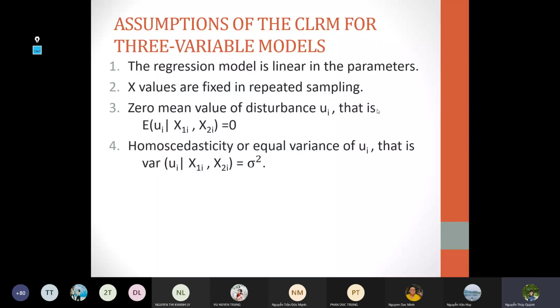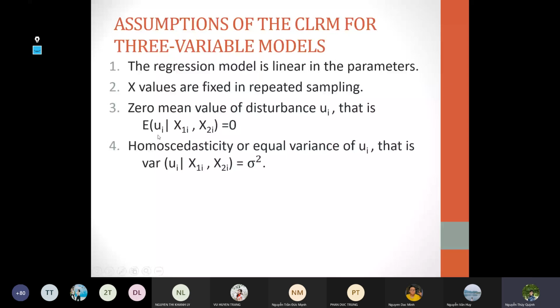Now, this is the conditional mean of UI, conditional on a certain value of x1 and a certain value of x2. We have two independent variables here, and that conditional expected value of UI is still equal to 0.